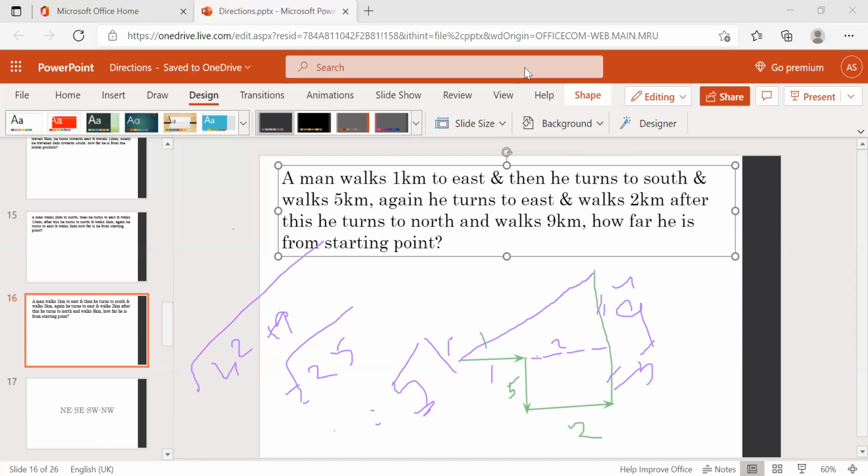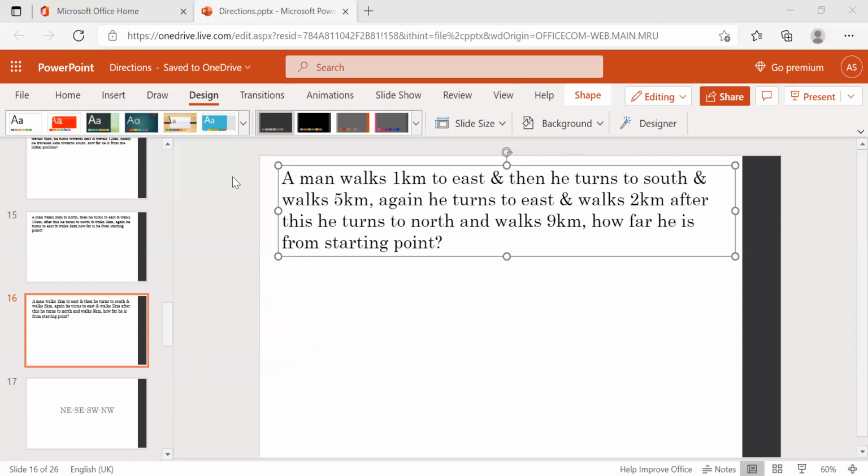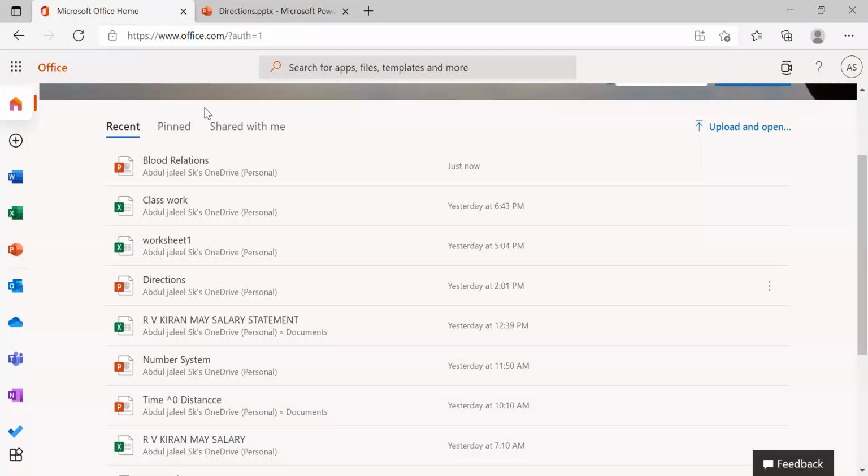I'm going to clear this. Check this. The same type of problems you'll find in the handouts also. Just wait for a minute.